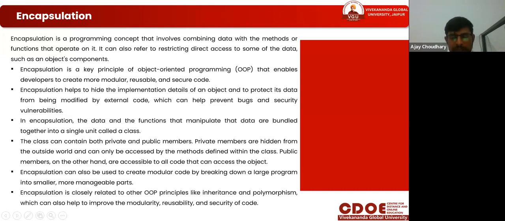There are some kinds of members of the class. There are majorly three types of members. First one is public, second one is private, third one is protected. We all know public means it is accessible to all. We are just defining this authority part in this way.